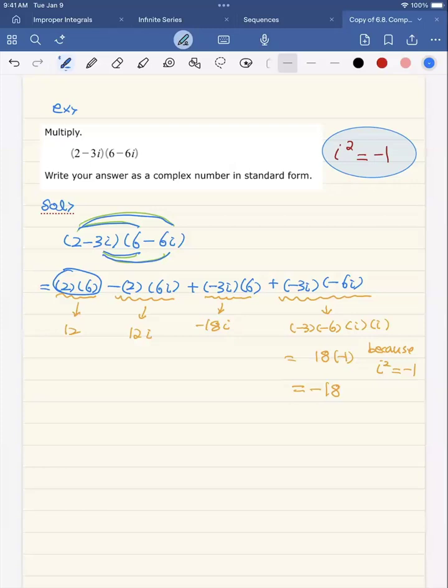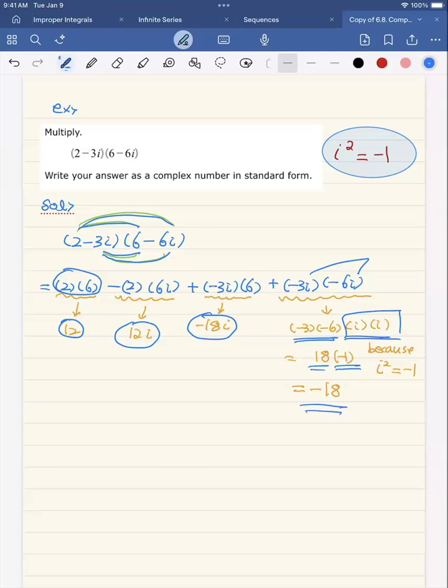So 2 times 6 is 12, and 2 times -6i is -12i, and -3i times 6 is -18i, and -3 times -6 is 18, and then we have i times i. i times i is minus 1. So we have 18 times minus 1, which is minus 18.